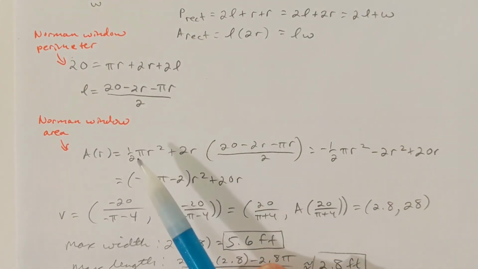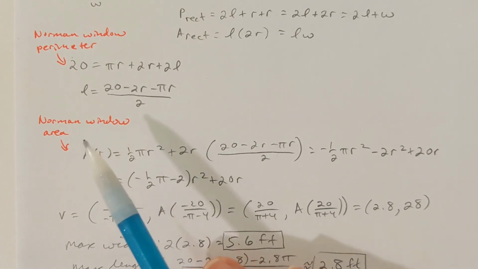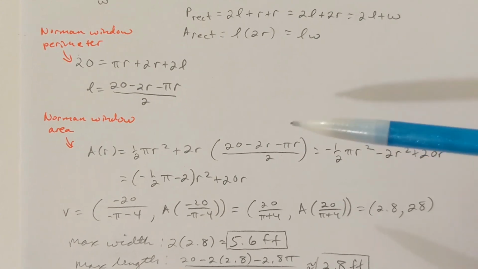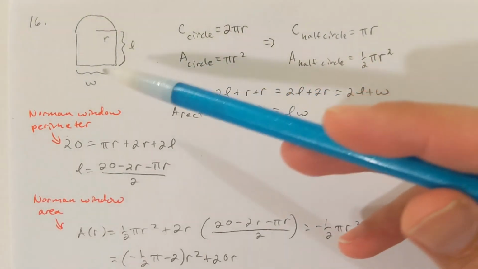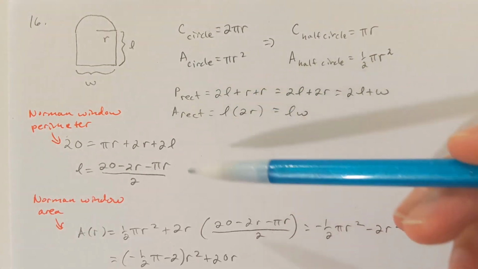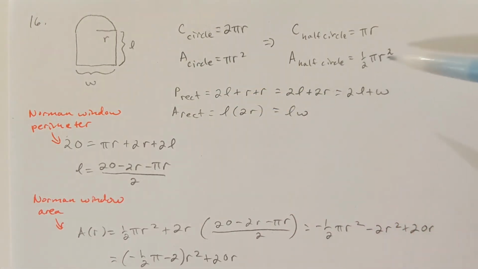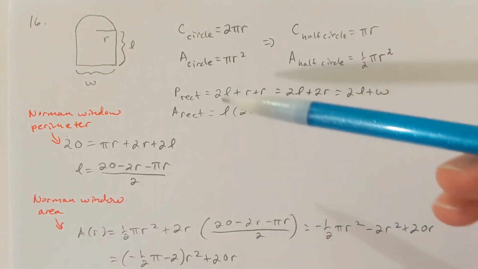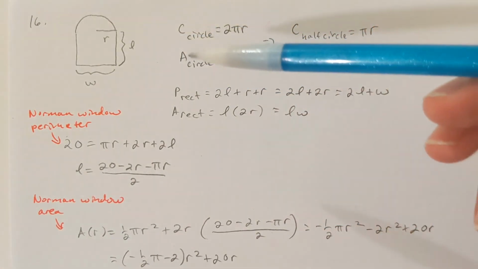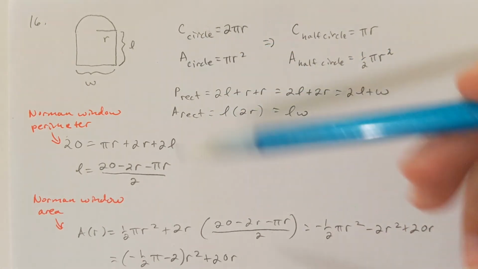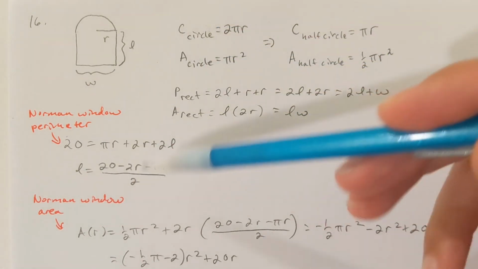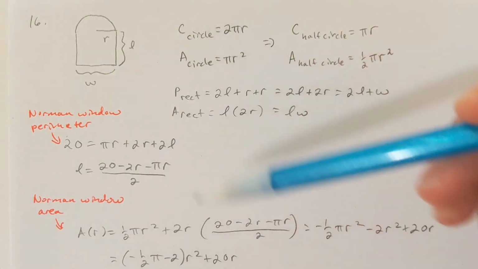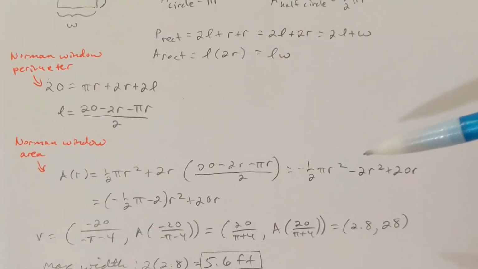rectangle, and the Norman window area, then, is where I take the area of the rectangular part plus the area of the semicircular part. The area of half the circle is 1/2 pi r squared plus the area of the rectangular part would be L, which is this guy right here, times 2R. 2R is the same as W. Okay?